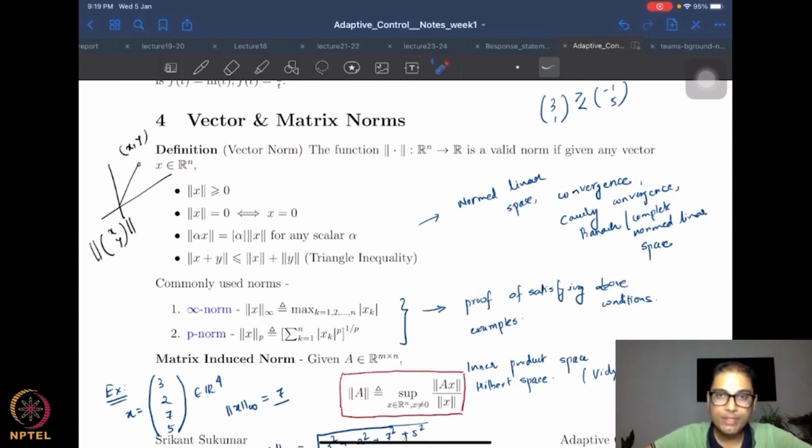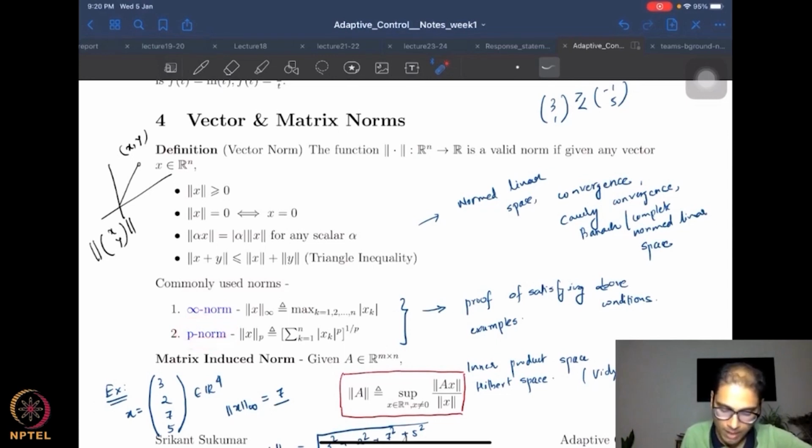Now what are examples of a valid norm? The commonly used norms are the infinity norm, which is just the maximum of all the elements. So if you just take the max of all the elements of a vector, then you have the infinity norm for the vector. And then you have the p norm. What's the p norm?